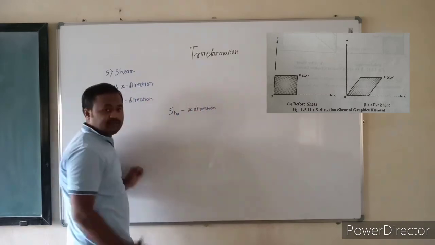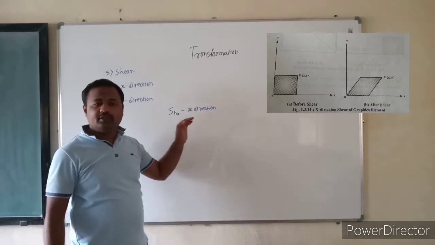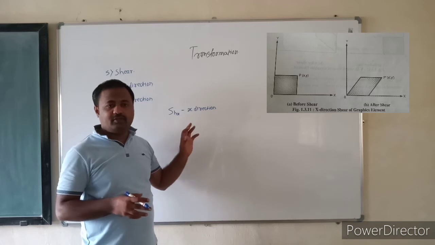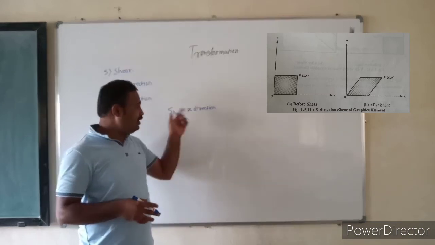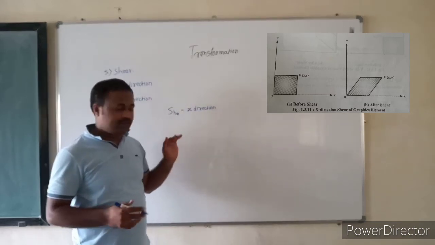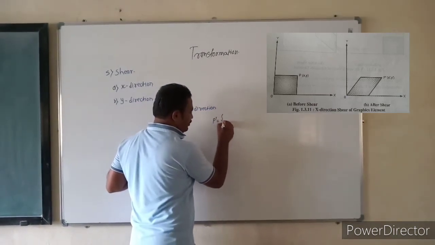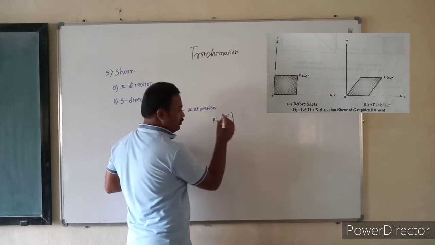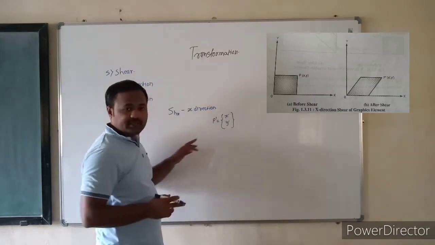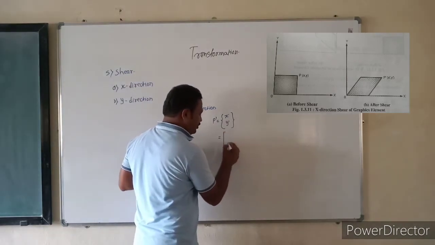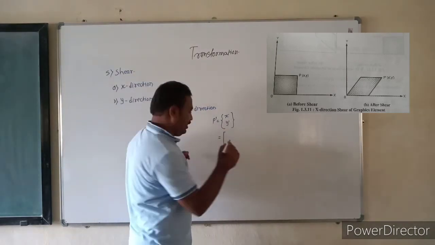For finding the value of new coordinates with only X direction shearing, P dash is x dash, y dash.